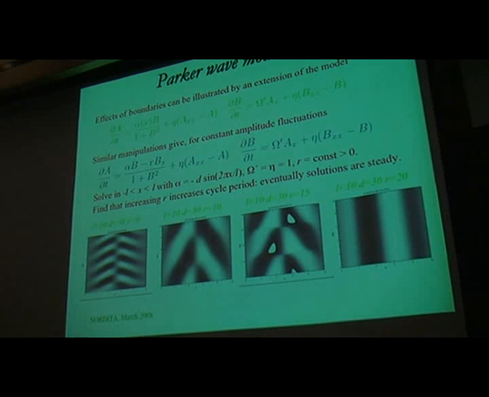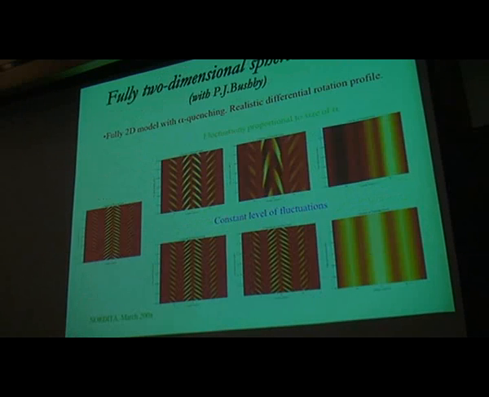So with the assistance of Paul Bushby, he used his model to look at the same thing. So these are now fully two-dimensional alpha omega dynamo models in a spherical shell with realistic differential rotation. Alpha is defined near the bottom of the convection zone.